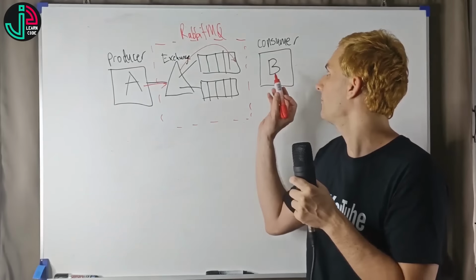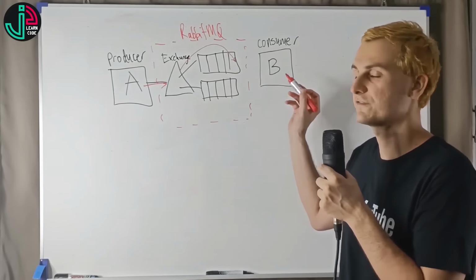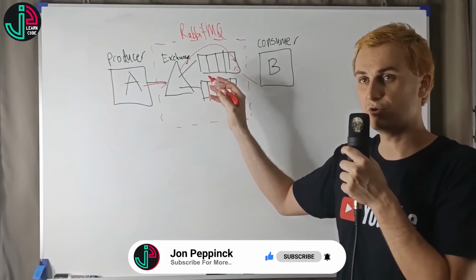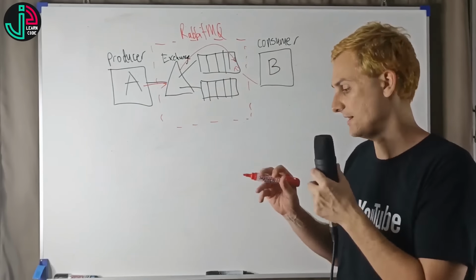And then B, the consumer, is looking at these queues, and when it's free, when it's not dealing with any other tasks, it can take something off the queue and go ahead and process that. So what it means is A is able to get more and more requests. It can offload those into the exchange and they sit in the queue. And B just deals with one of them at a time.